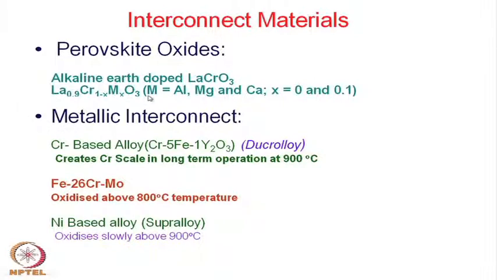So, one needs a very high density material, and for proper densification some of these dopants can be used. The general formula is lanthanum 0.9, slightly deficient in lanthanum oxide, which makes the sintering better, and chromium can be replaced by metals like aluminum, magnesium and calcium.